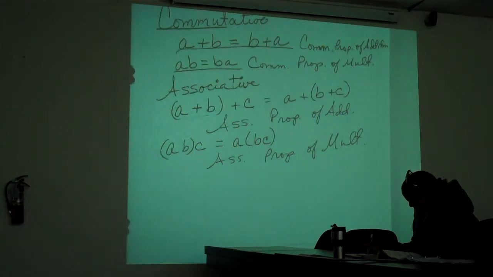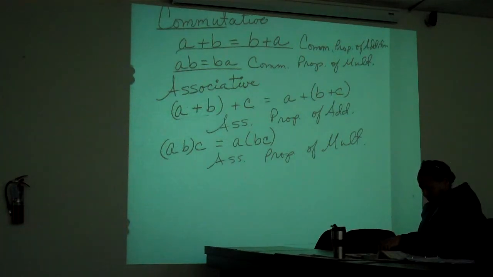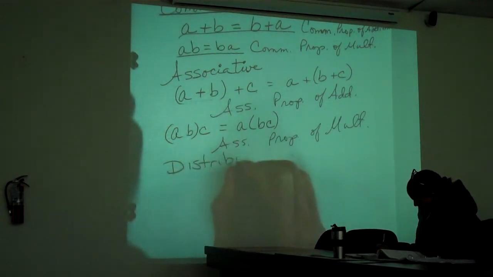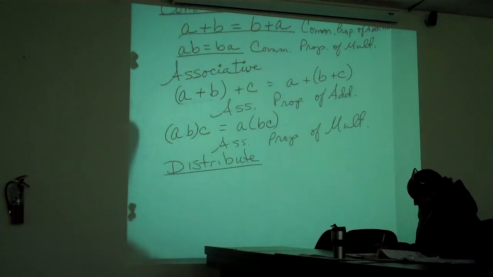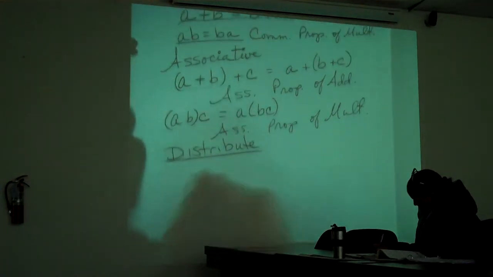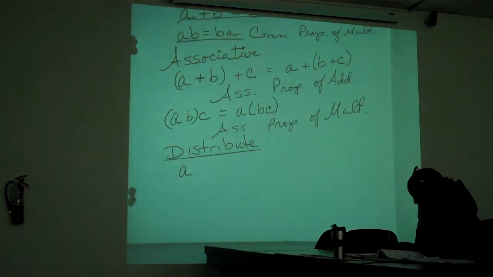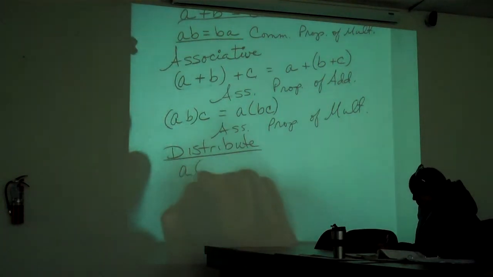Okay, let me see if there's any other. Oh, there's a distributive. Yeah, that's in here too. The distributive law is where you have a number on the outside and you distribute it through the parentheses. Okay, you have, like, A is going to be on the outside of the parentheses.